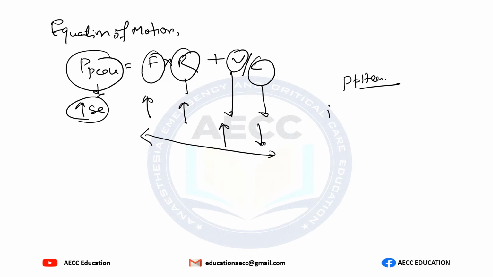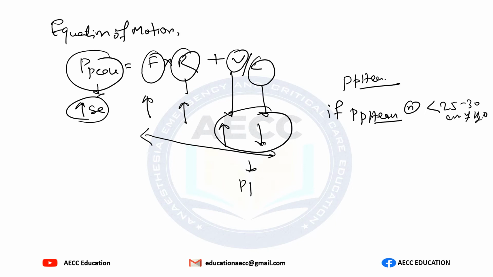If P plateau pressure is normal, that is less than 30 centimeter, 25 to 30 centimeter of water, it means the cause of increased P peak is due to increased flow or due to increased resistance.